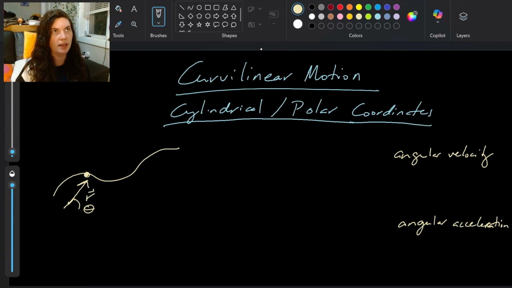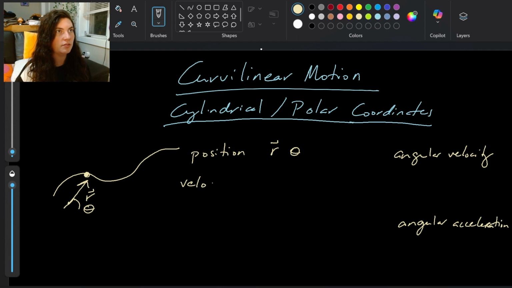So what are our position, velocity, and acceleration when we're talking about this? Our position, as we just wrote, is usually given in terms of r and theta, usually in relationship to each other. So it's not using any x's or y's generally, only these r's and thetas.